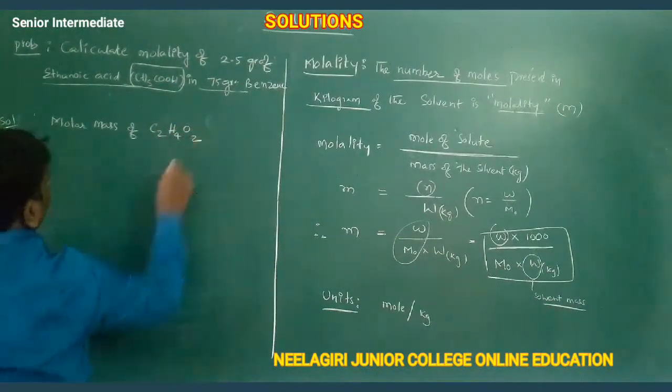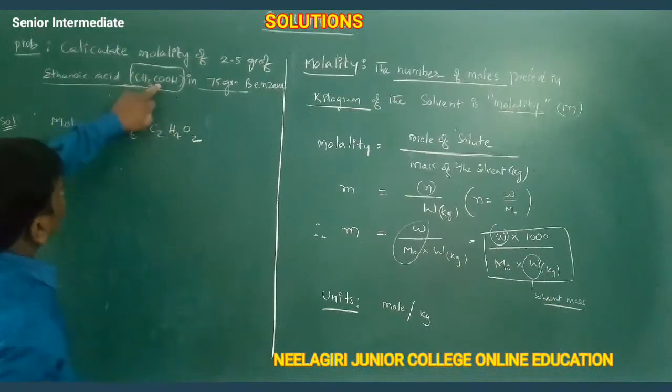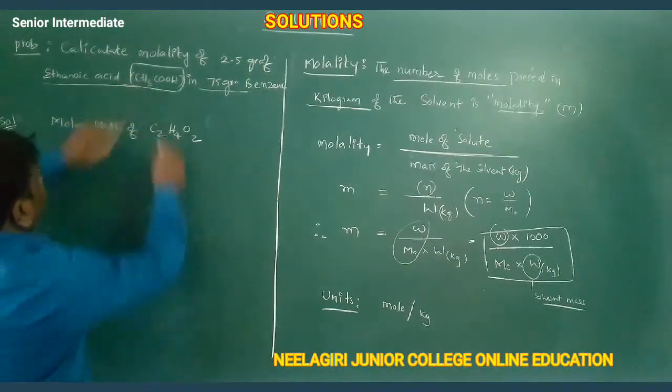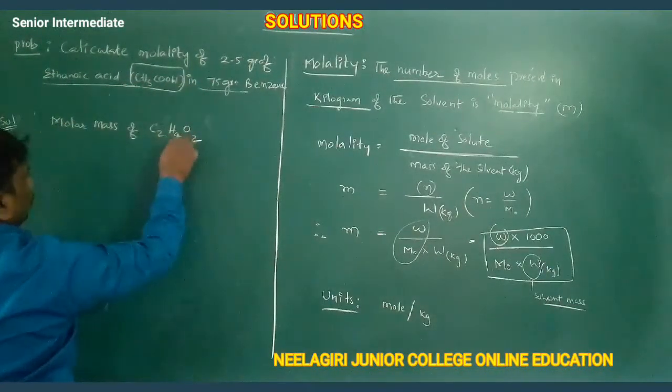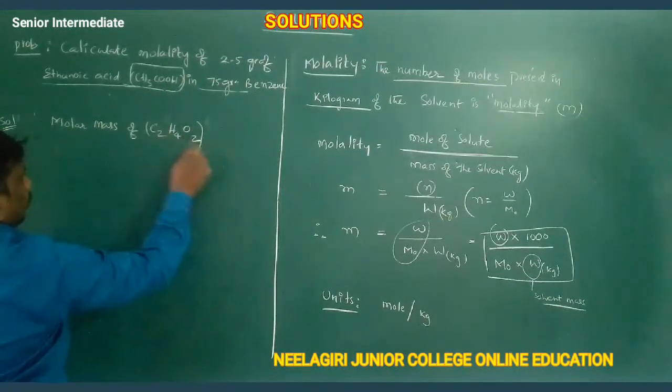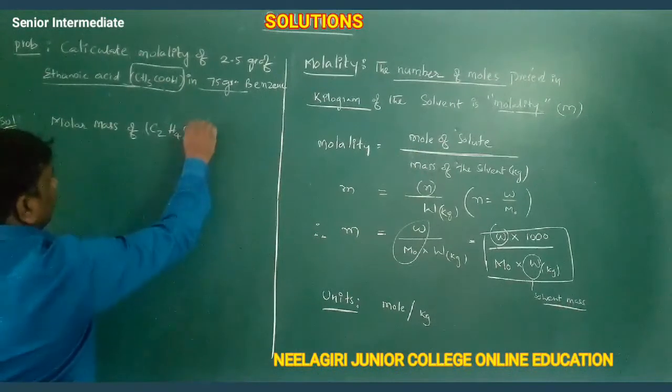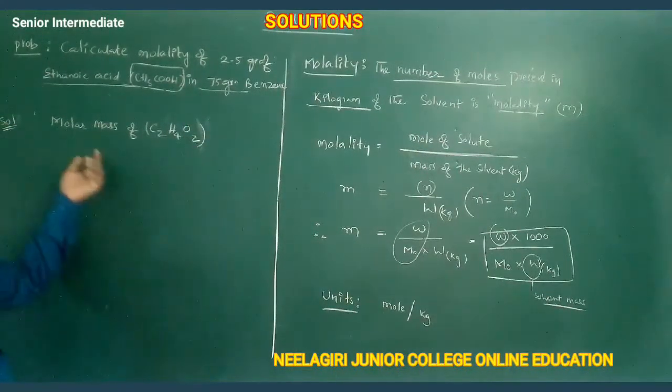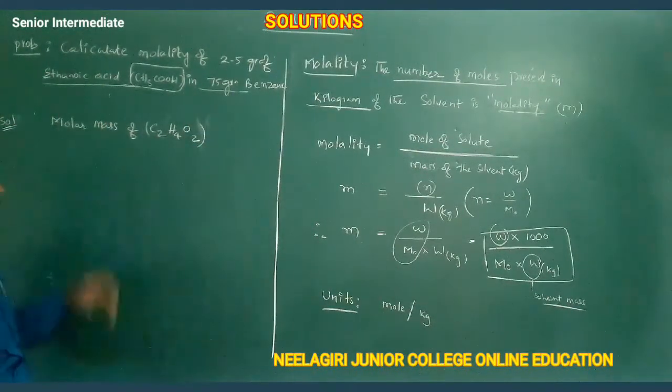Molar mass of C2H4O2. How many carbons? 2 carbons. How many hydrogens? Here 3, here 1, total 4. Oxygens 2. So this is the molecular formula of the ethanoic acid.